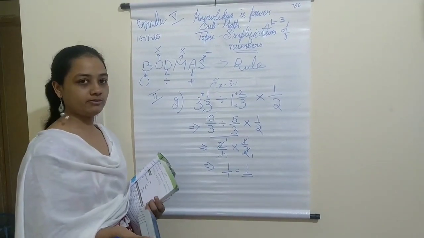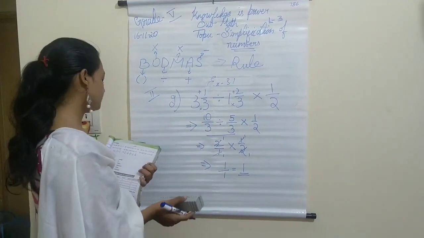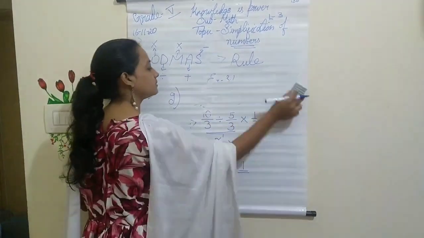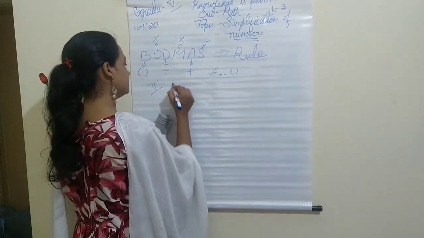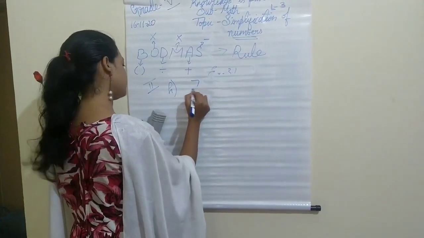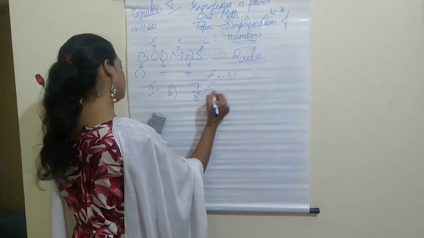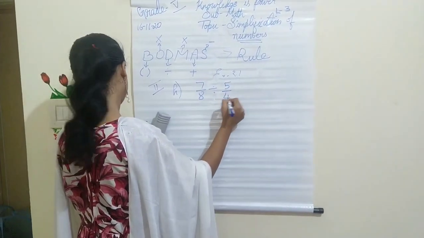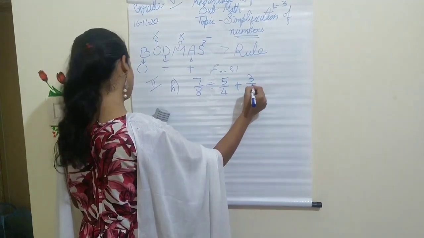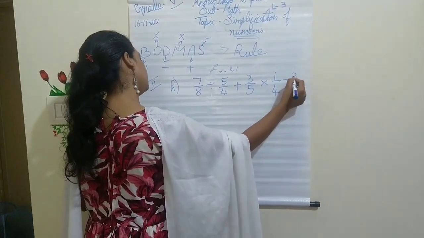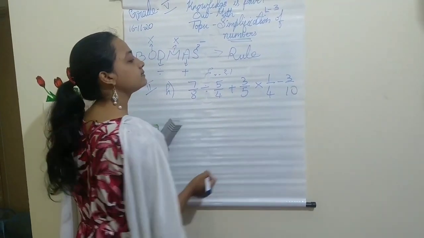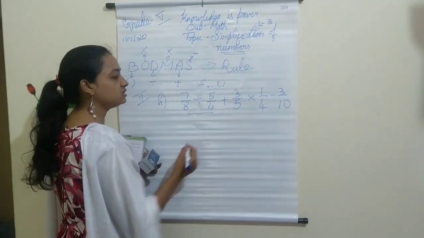I'll do one more sum in fractions, that is H. H: 7 by 8 divided by 5 by 4 plus 3 by 5 into 1 by 4 minus 3 by 10. First I should take division.